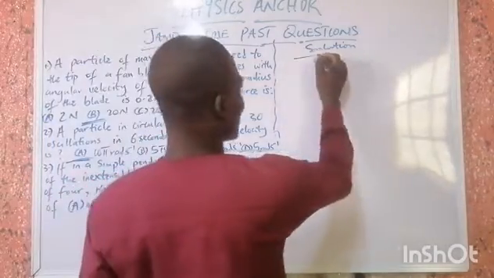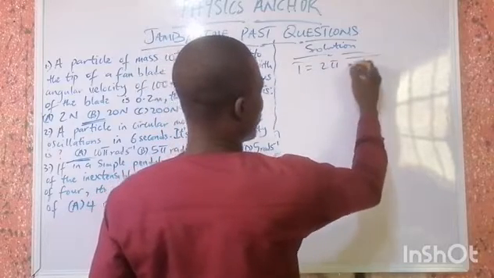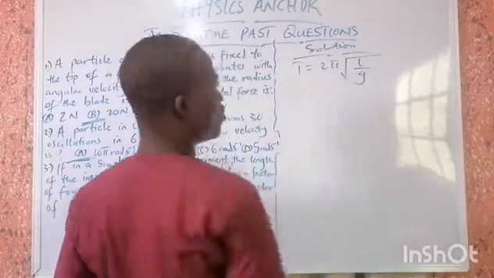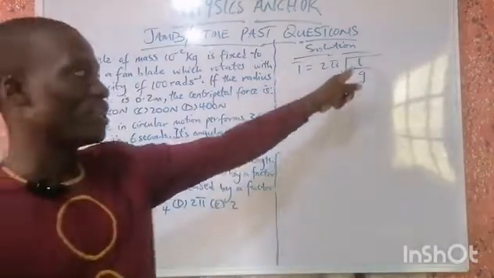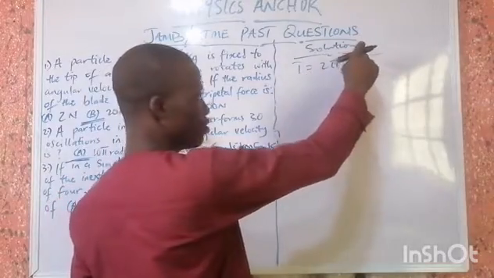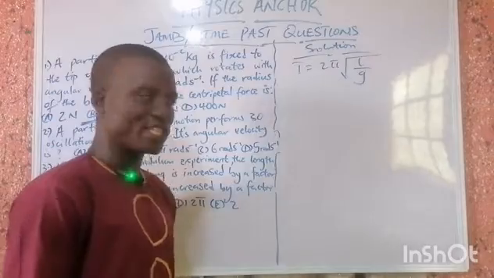Now, let's look at the basic thing that we know about simple pendulum. The basic thing is that the period is directly proportional to the square root of the length of the simple pendulum.